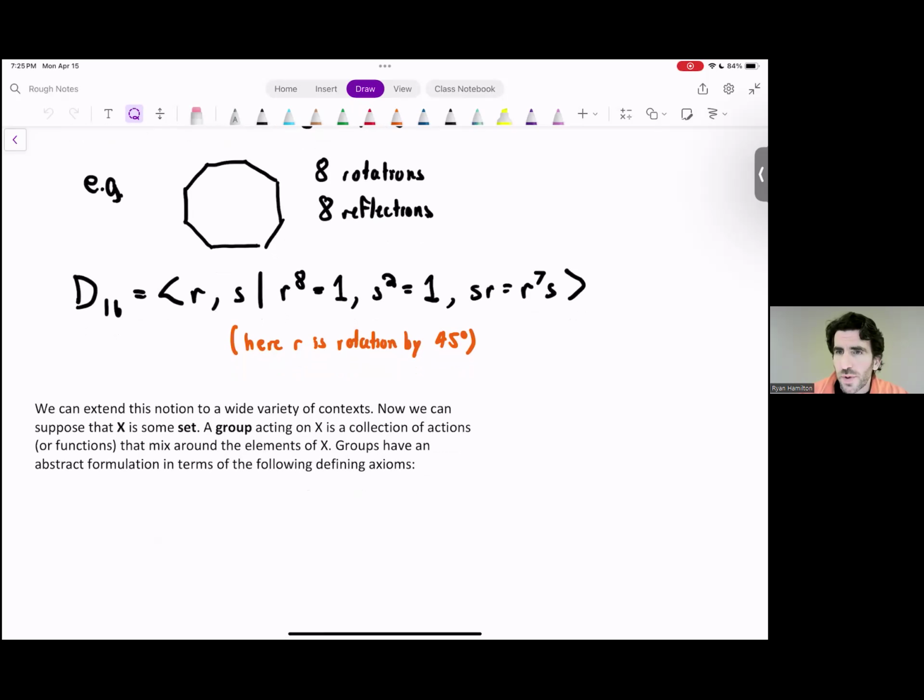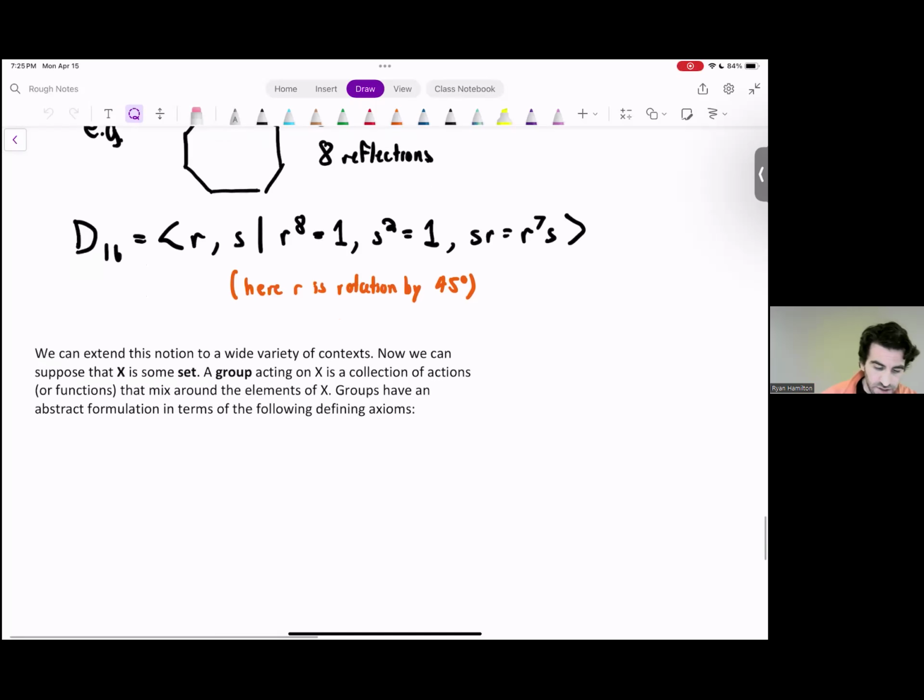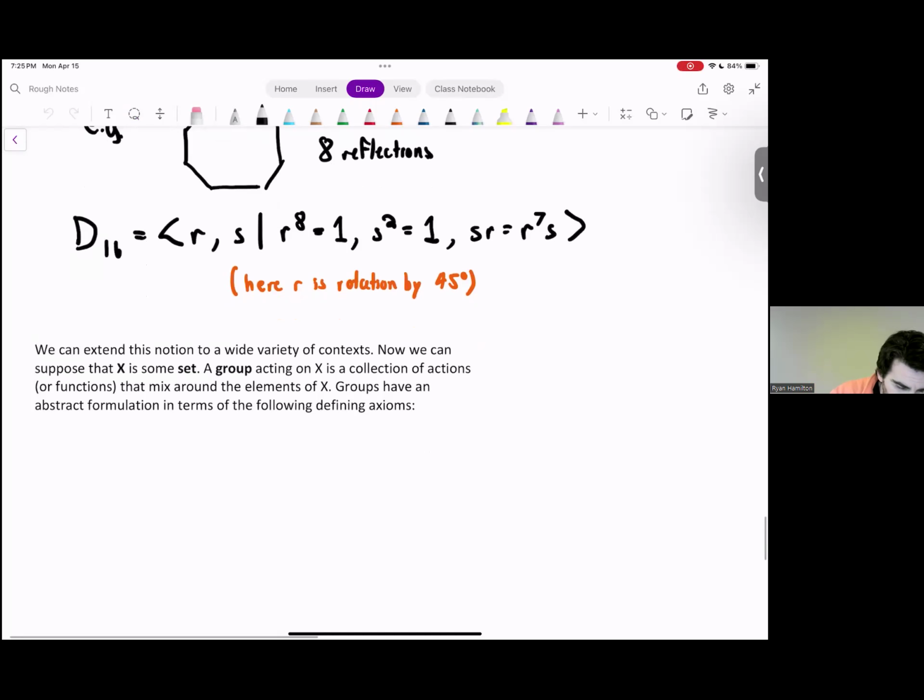And what a group is a collection of functions or actions that accept pieces of your set and they spit out other pieces of your set. Okay? But they have to obey a certain number of laws. So the first thing is the action of doing nothing must be in our group.